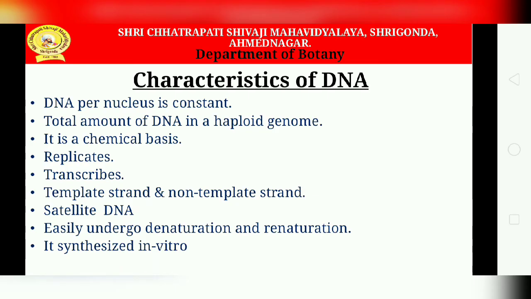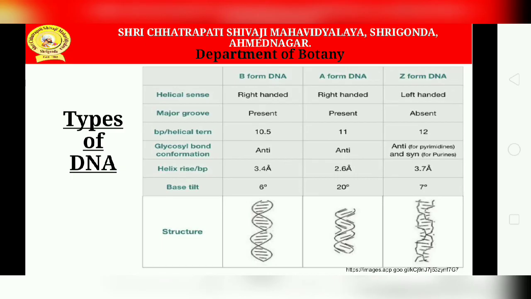DNA with a high G plus C content, that is guanine plus cytosine, is more resistant to thermal melting than adenine-thymine rich molecules. DNA can be synthesized in vitro, that is in the laboratory, and lastly, DNA can be measured in units of picograms. So these are some characteristics of DNA.